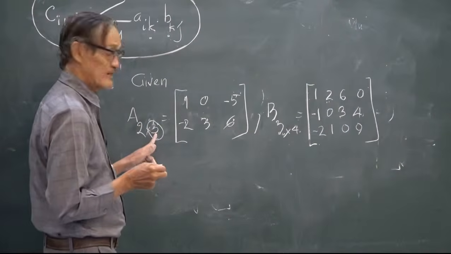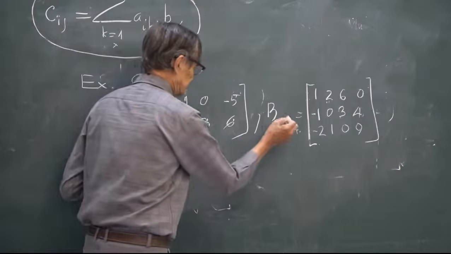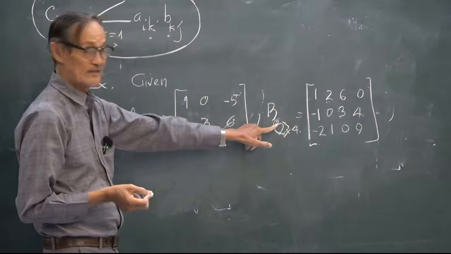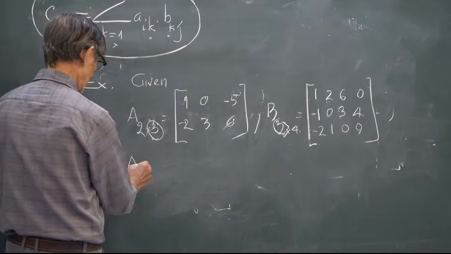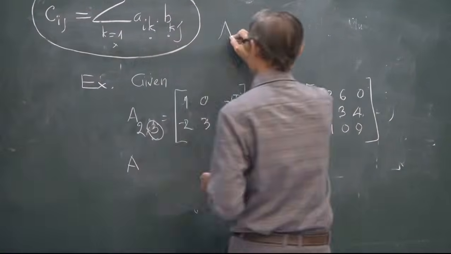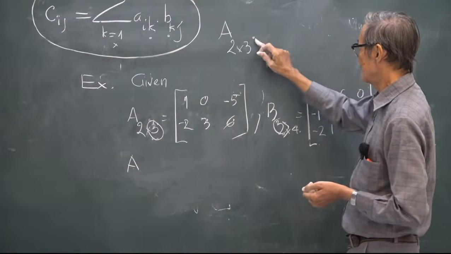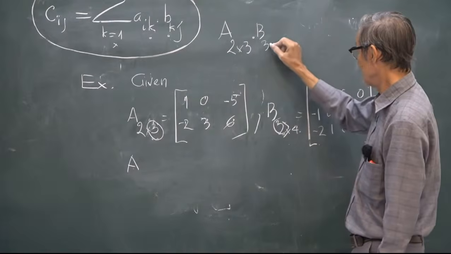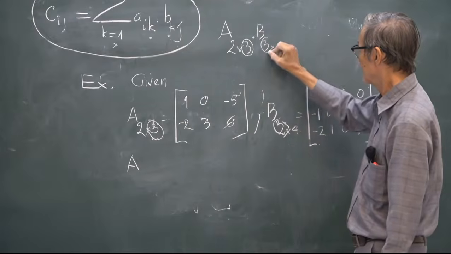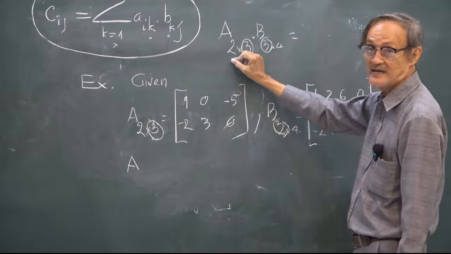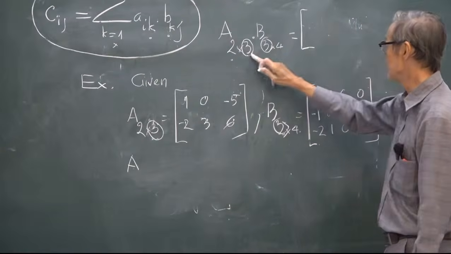The number of columns of the first matrix equals the number of rows of the second matrix. We can find A, 2 times 3, multiplied by B, 3 times 4, and we have a matrix of dimension 2 and 4, 2 rows, 4 columns.